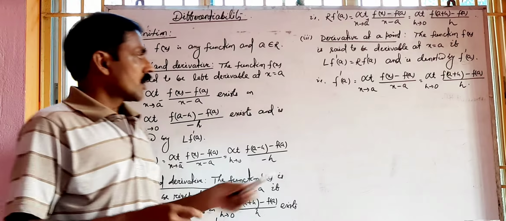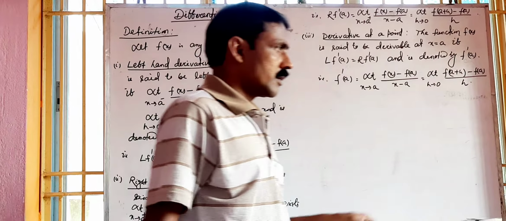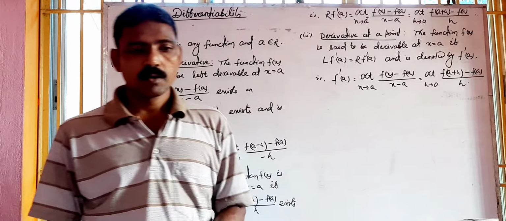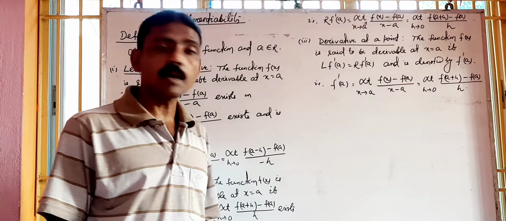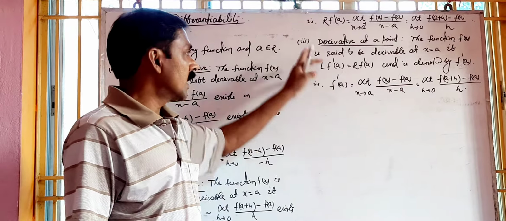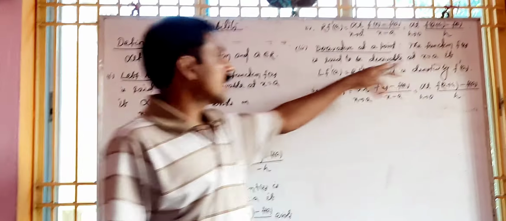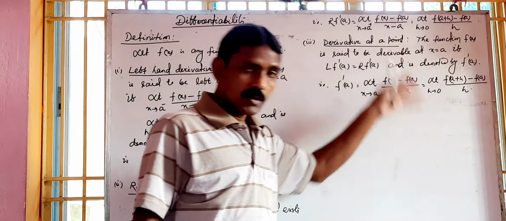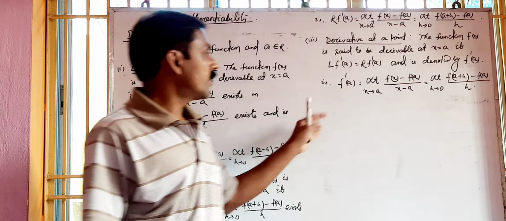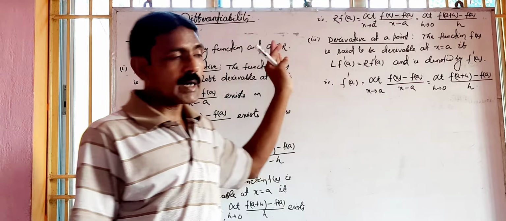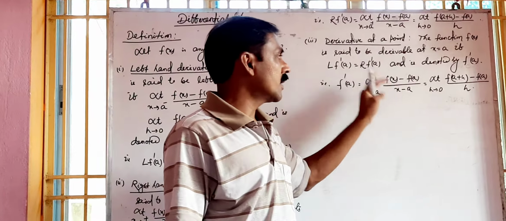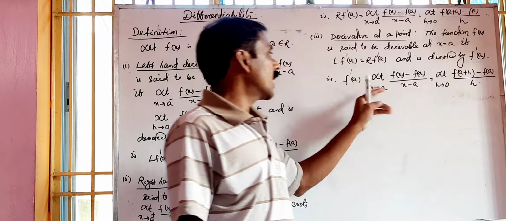Like the limit of a function exists when the left hand and right hand limits both exist and are equal, the derivative of a function at a point exists if both the left hand derivative and right hand derivative at the same point exist and are equal, and if they are equal, it is denoted by f dash of a.